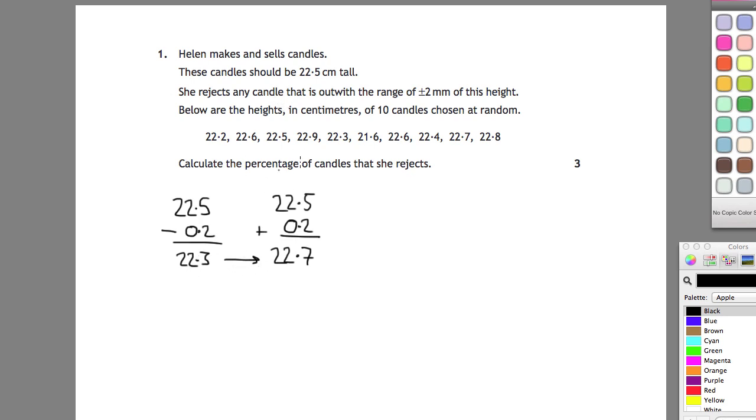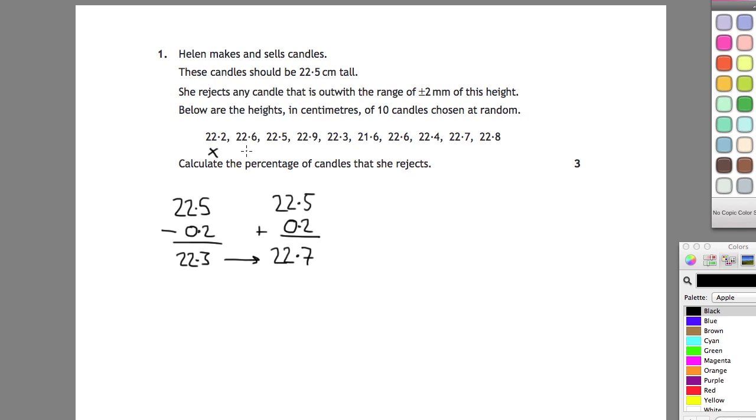And we're going to work out as a percentage what one she's going to reject. Now, if you actually count 10 candles, that's done for a reason, okay? Because it's easier working out percentages if it's like a number like 10. So what we can do is we can basically just cross off the ones that are not going to be accepted. Right, 22.2, no, that's lower than the limit.